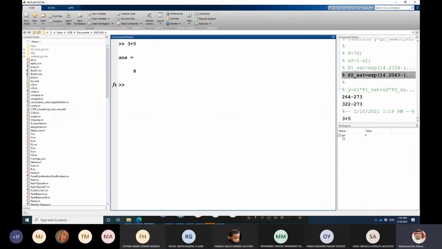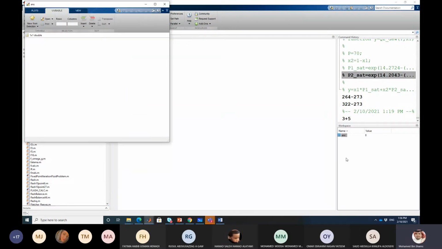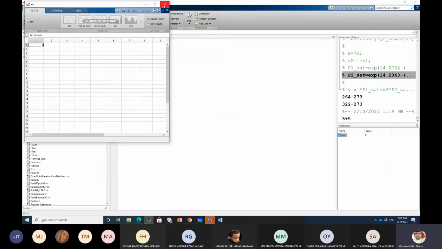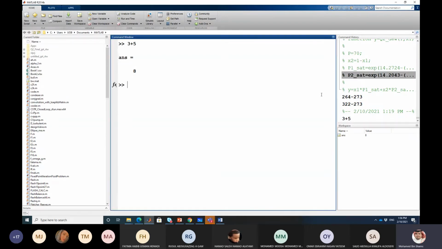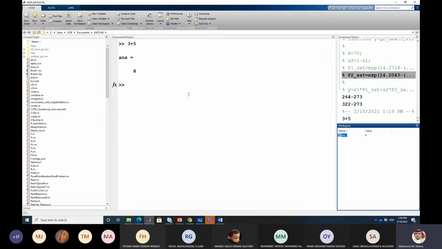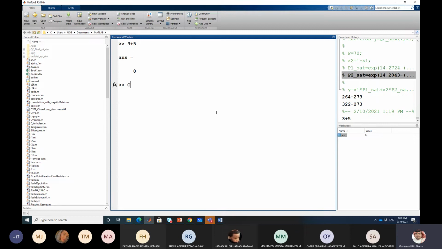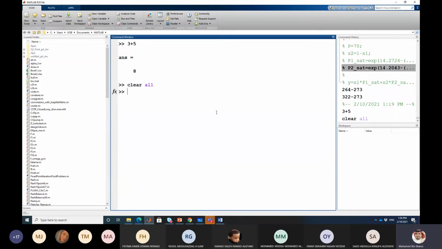The workspace gives me the variables I have. Here I have a variable named answer storing the number 8. All the variables in your command window will be listed in your workspace. If I clear all, or clear answer, you see that everything in the workspace has been deleted.